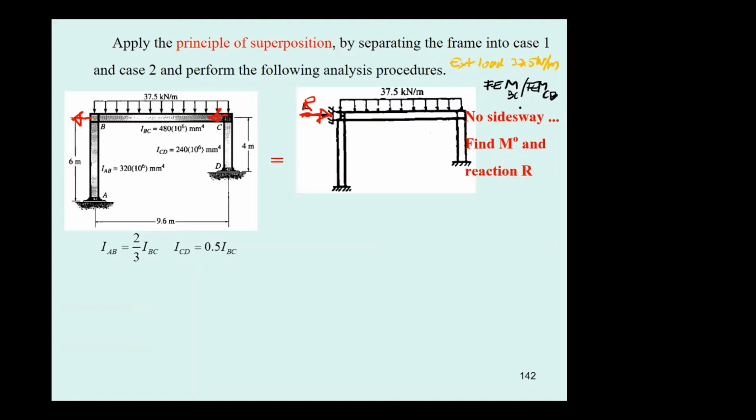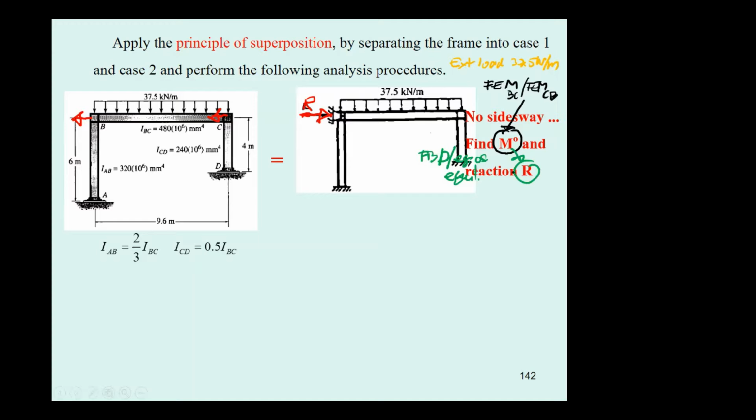You then do the moment distribution, and you get M super not over here. From M super not, you can use the free body diagram and the equation of equilibrium to determine the resistance force.